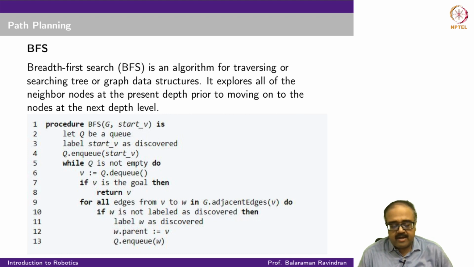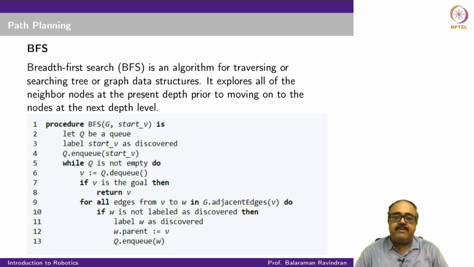But if it has not been seen before, then I say now I have seen W. And I maintain this parent data structure so that I can recover the path once I reach the goal. I'll say that the parent of W was V. So what does this mean? That W was visited for the first time when I expanded the graph from V. And now I put W in the queue and I keep going.